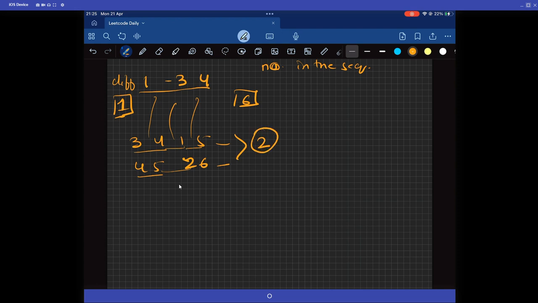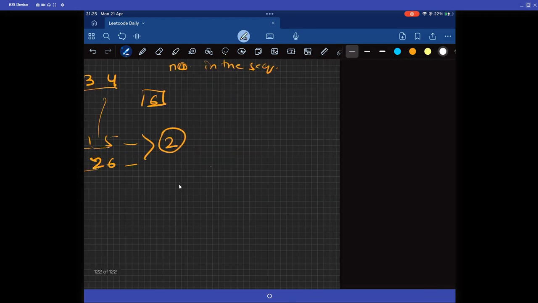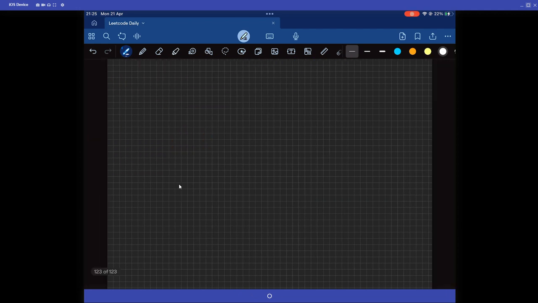So how can we move forward with this problem? Let us assume that we start with number x. We have a difference array which has d1, d2, d3, right? If we start with any number x, then what is the next number? It is x plus d1. What is the other number?